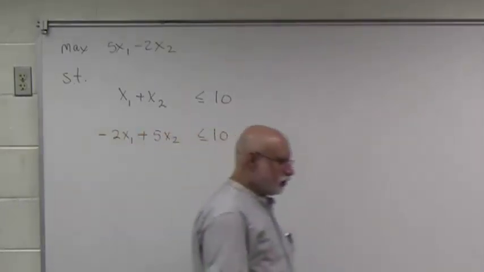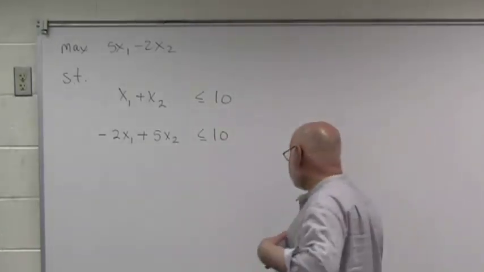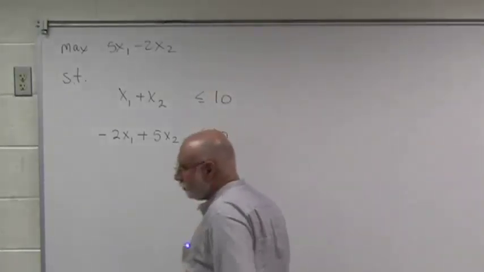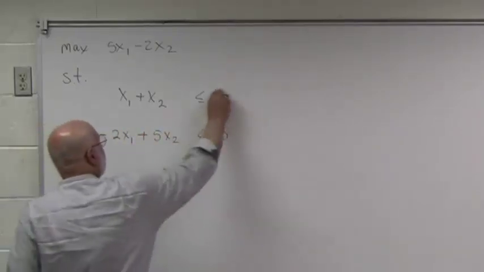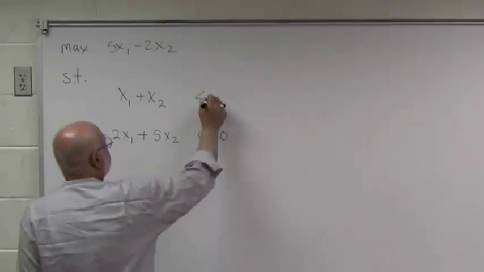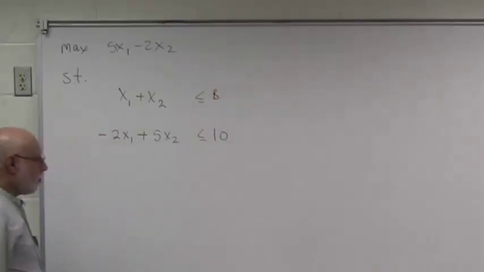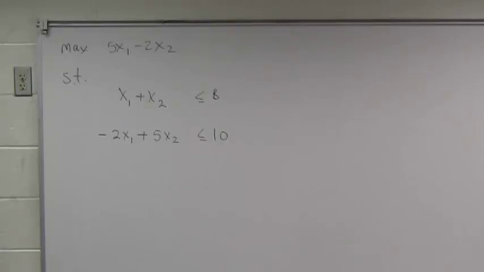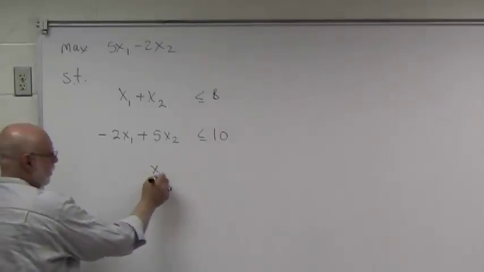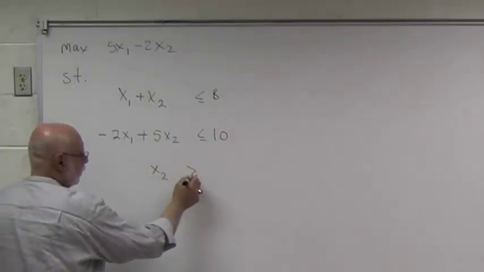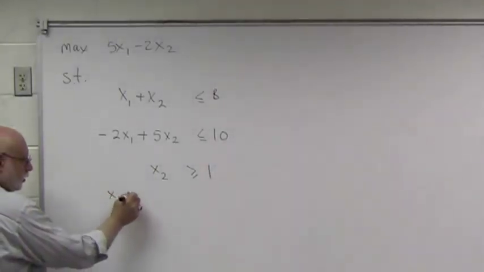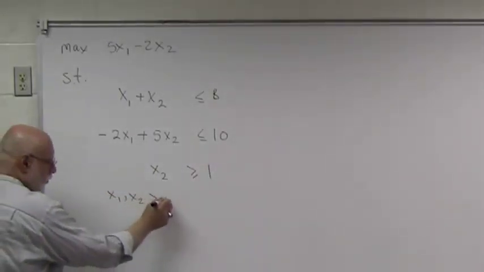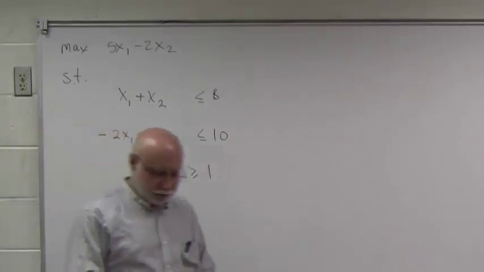Let's make that first 10 an 8 so that it doesn't look like we are making up numbers. And let's do x2 greater than or equal to 1 also, with x1 and x2 greater than or equal to 0.